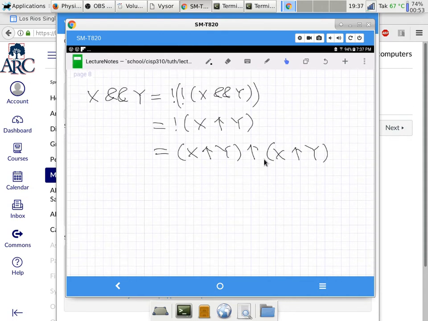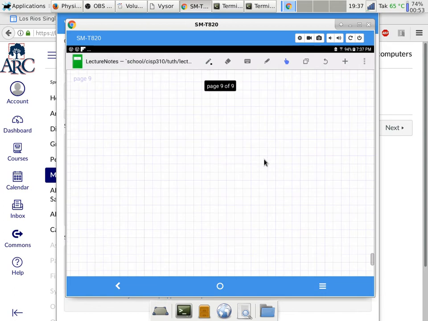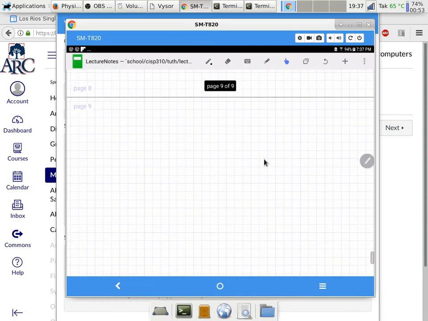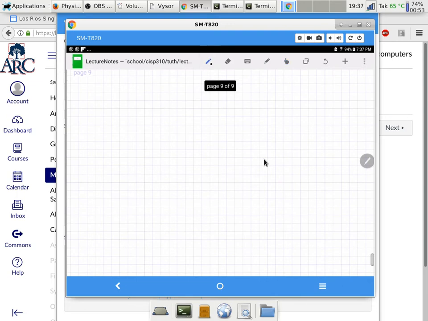All right. So the last one is OR. How do we express regular logical OR, but only using NAND? Okay, so now we have X or Y. Keep forgetting to switch back to the pen tool. How do we express this as NAND?